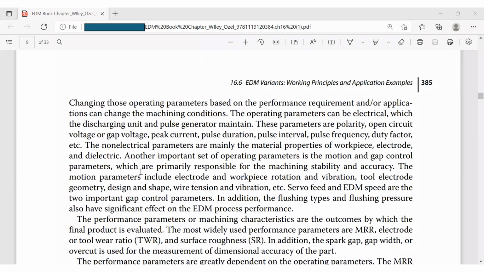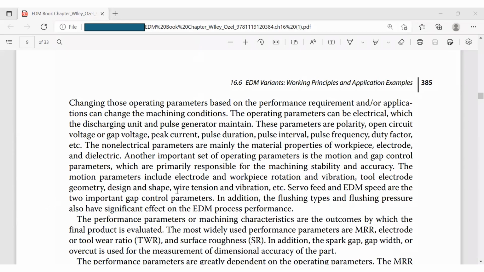The motion parameters include electrode and workpiece rotation and vibration. The electrode is spinning. Also the vibration, and the tool electrode geometry. What is the geometry of the electrode?